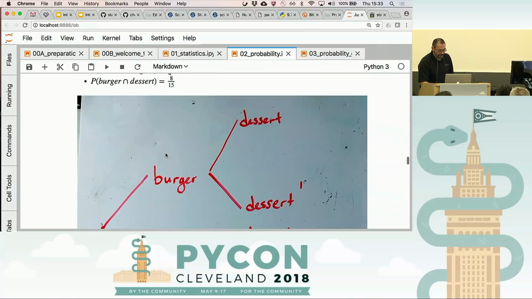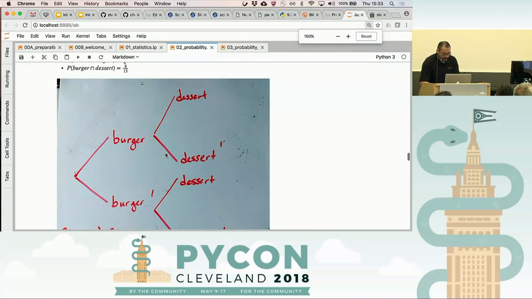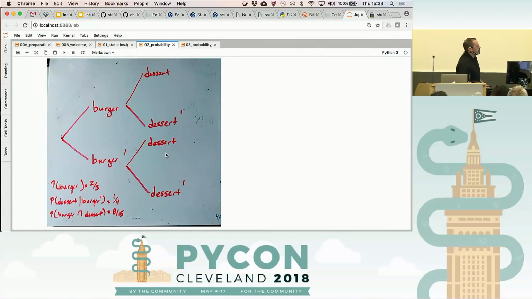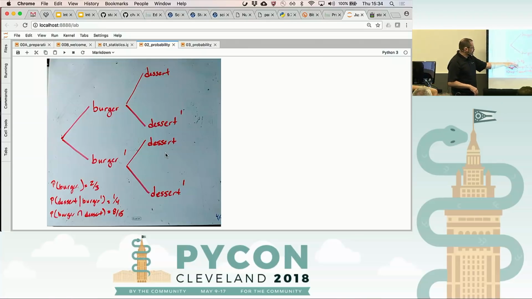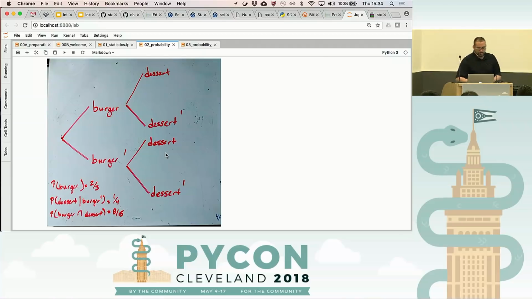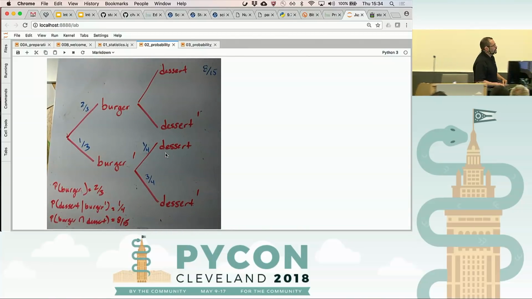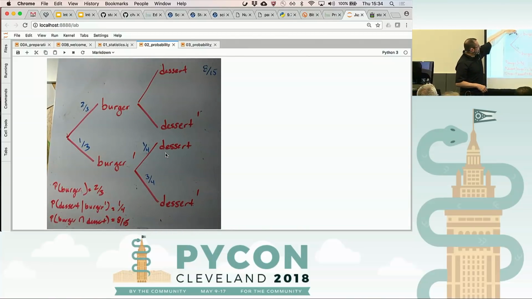So let's start to fill this in. Probability of eating a burger, given that they don't eat a burger, they eat dessert, and then probability across a branch, they eat burger and dessert. So as I start to fill this in, probability to eat a burger is 2/3.